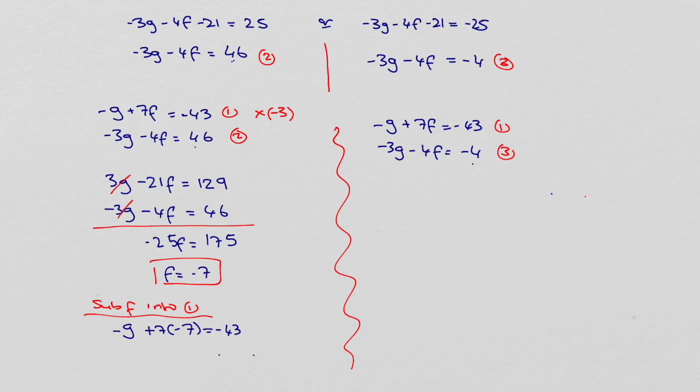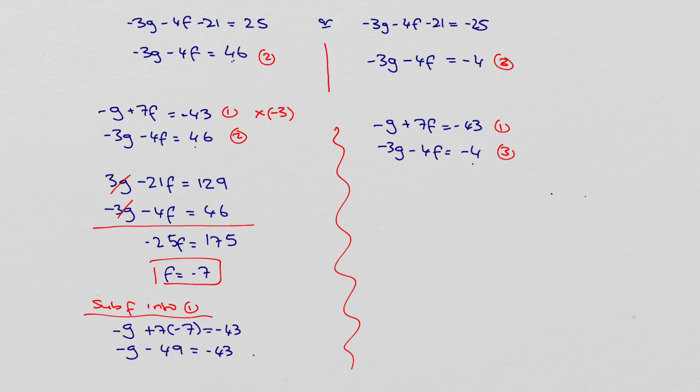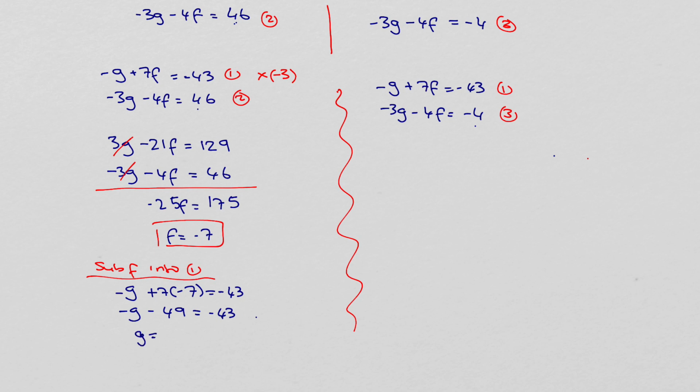And therefore we have minus g minus 49 equals minus 43. And therefore g is equal to minus 6. So that would give me the centre of the circle, minus g minus f, would be equal to 6, 7.